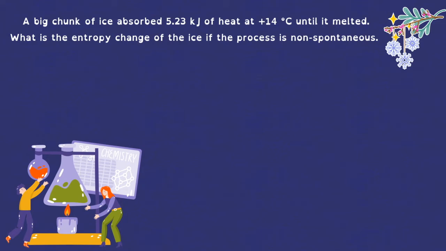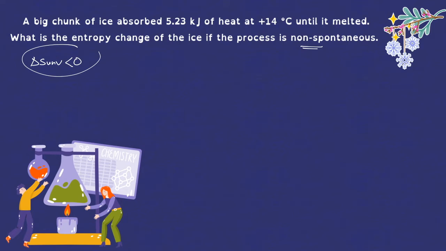In order for you to answer this question, you need to first know whether the process is spontaneous or non-spontaneous. In this question, it is a non-spontaneous process whereby your delta S universe should be less than 0. So next, you need to know the full formula for your delta S universe.